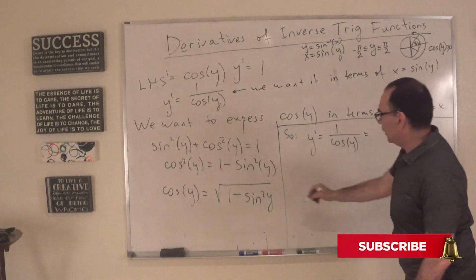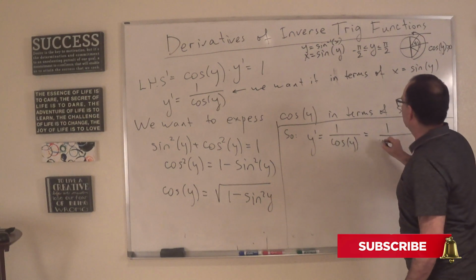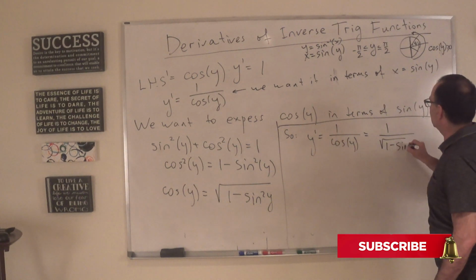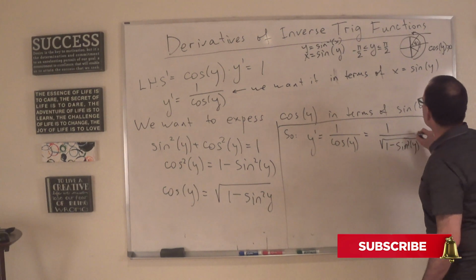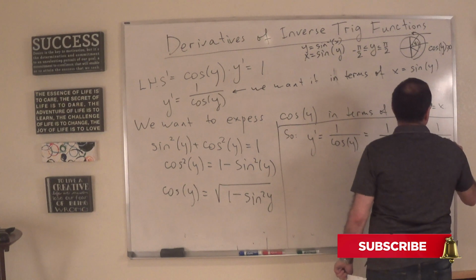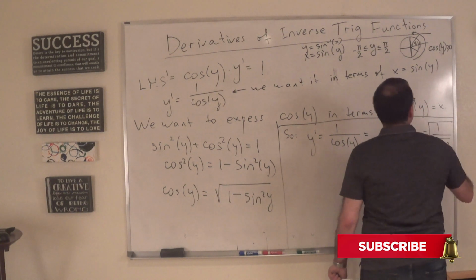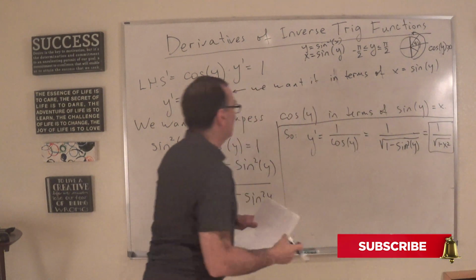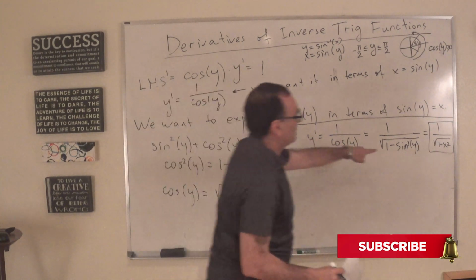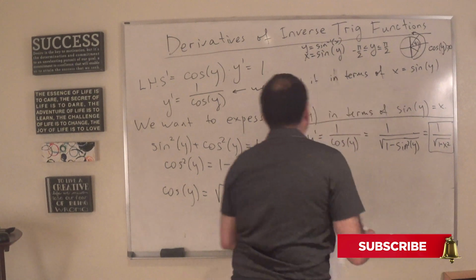So now, using this formula for cosine, we can plug it into the derivative, and we end up with 1 over square root of 1 minus sine squared of y. But since sine of y equals x, it's 1 over square root of 1 minus x squared. And this is precisely the formula that we need. We have expressed the derivative of this function as a formula involving x.